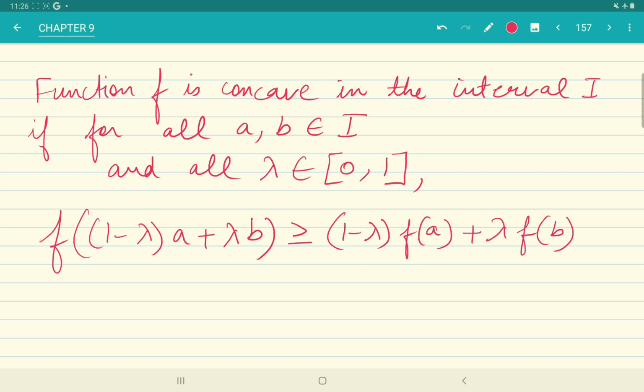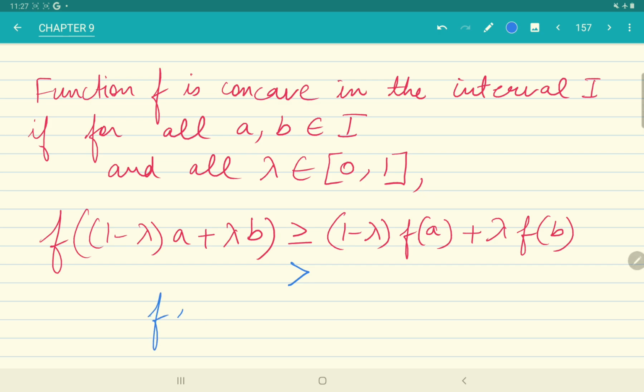and obviously I know that a is less than b, a is not equal to b, and let's say we require this inequality to be strict. So let's say I have in this case just greater than, then my function f would be called strictly concave.